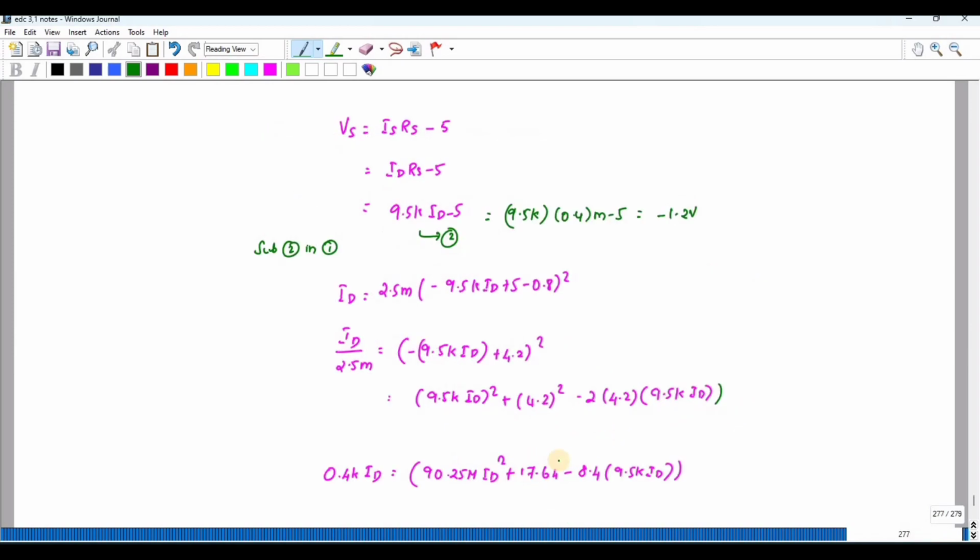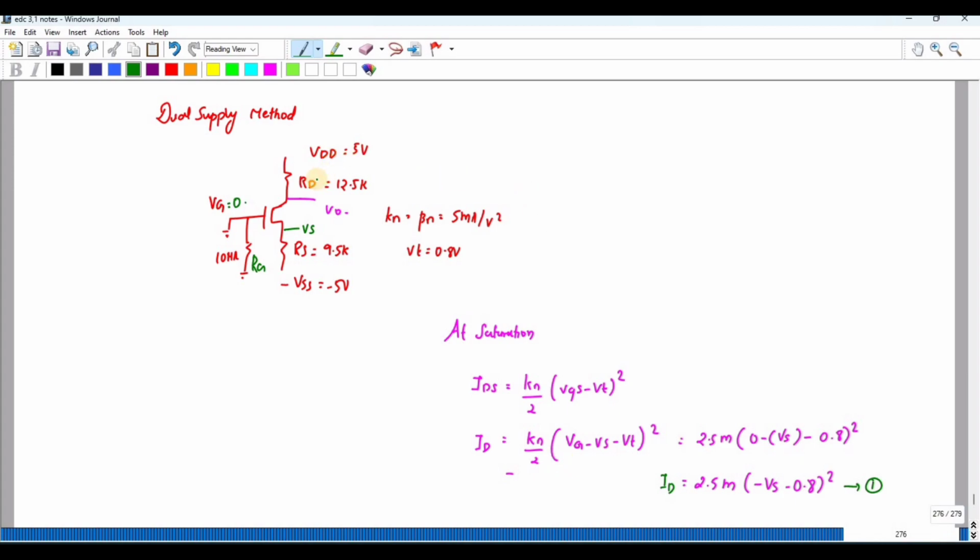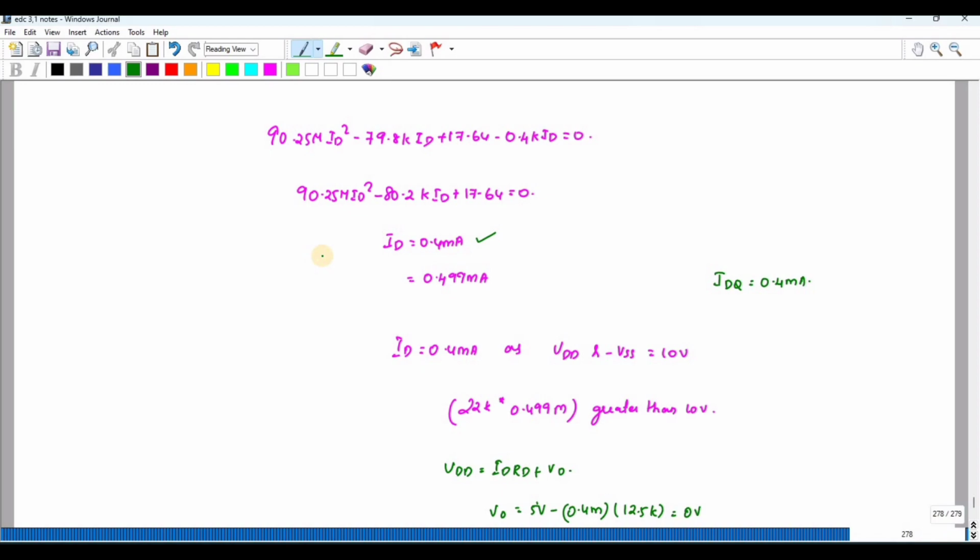We know the ID value, the RD value and the VDD value, so if I solve, I will get V naught equal to 0. V naught is nothing but VD, because at the drain only I am getting the output.